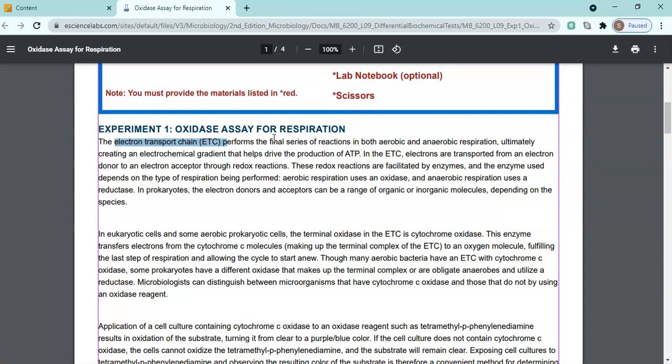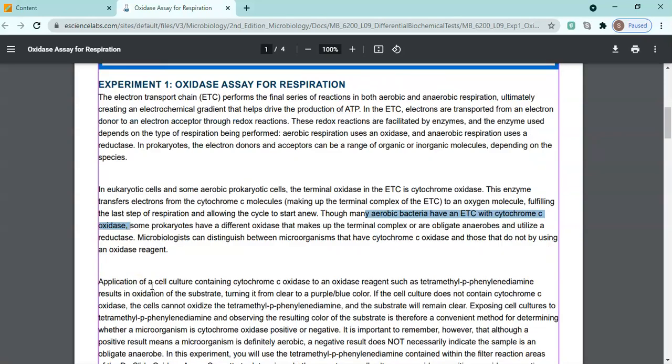And we see this a lot with the oxidation of glucose as one of the primary pathways that utilize the ETC. The ETC for aerobic bacteria, the final step of the process, uses an intermediary that we've talked about called cytochrome C oxidase. This is the terminal complex.